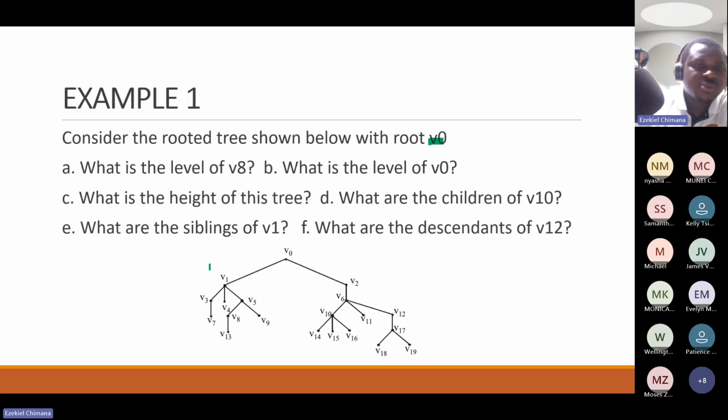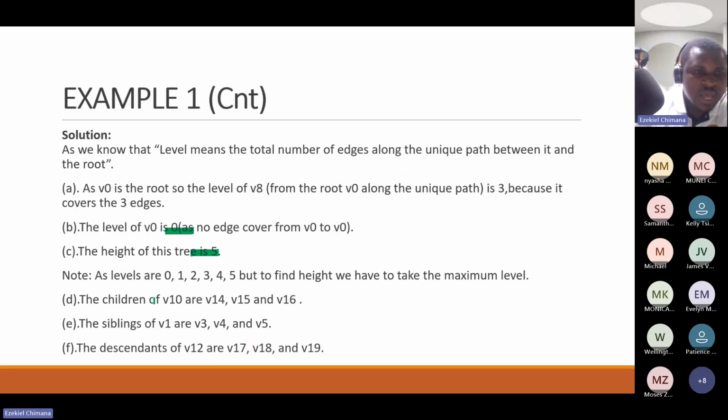And then you are being asked what are the siblings of V1. Look at V1. So the sibling is V2 here.